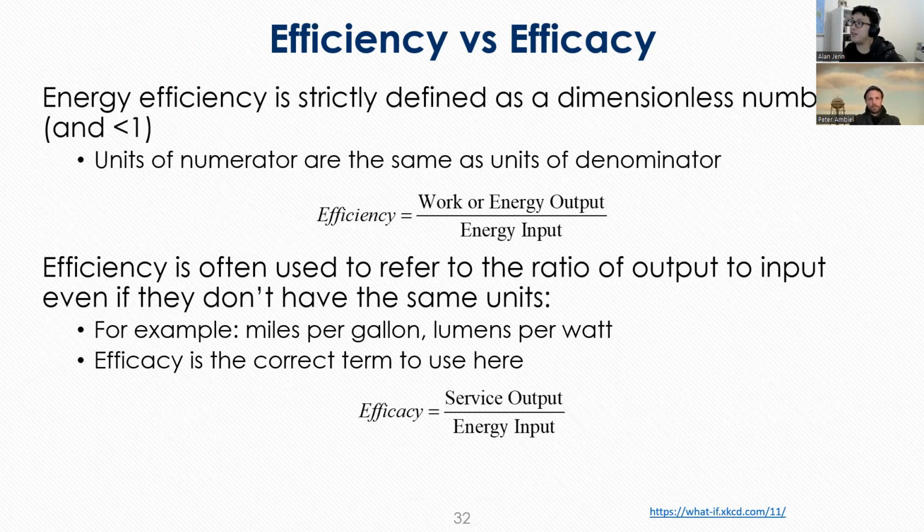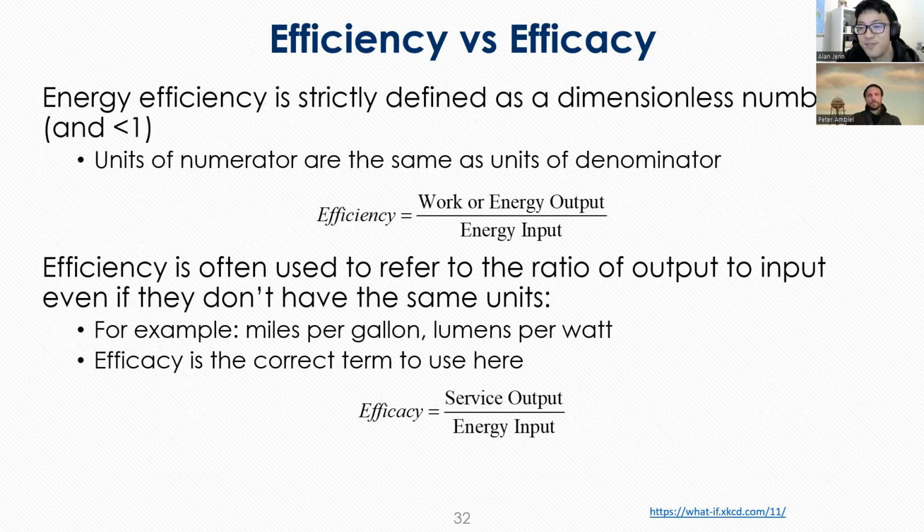Think about the efficiency of a car, for example, in miles per gallon, or for a light bulb, lumens per watt. Again, this is efficacy, but we're going to use it interchangeably with the term efficiency. Efficacy is just your service output divided by your energy input.